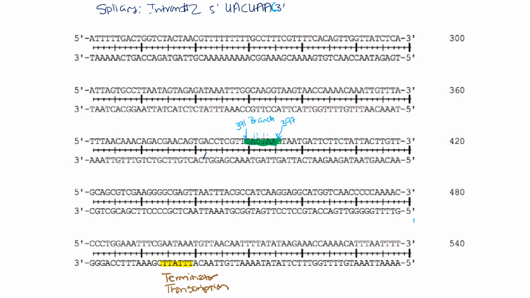If we want to know where the beginning of the intron is, what we need to do is take the beginning of the branch, which is position 391, and subtract 53 nucleotides from it. And so that's going to give us position 338, and what I expect to see is that at 336 and 337, I better find a GT.